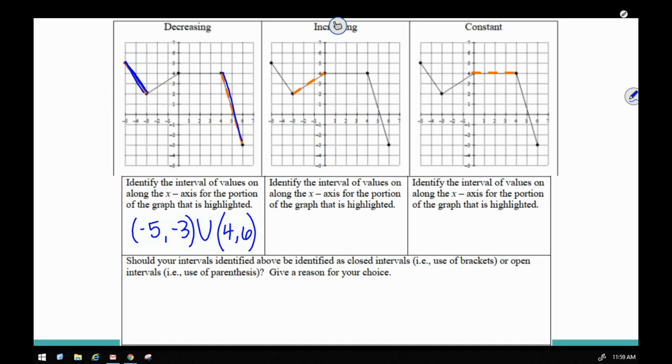Yes. Everything has a bracket. We're going to put it in parentheses. I'll explain why. So you're going to use parentheses, not brackets. Then do the same thing for increasing and the same thing for constant.